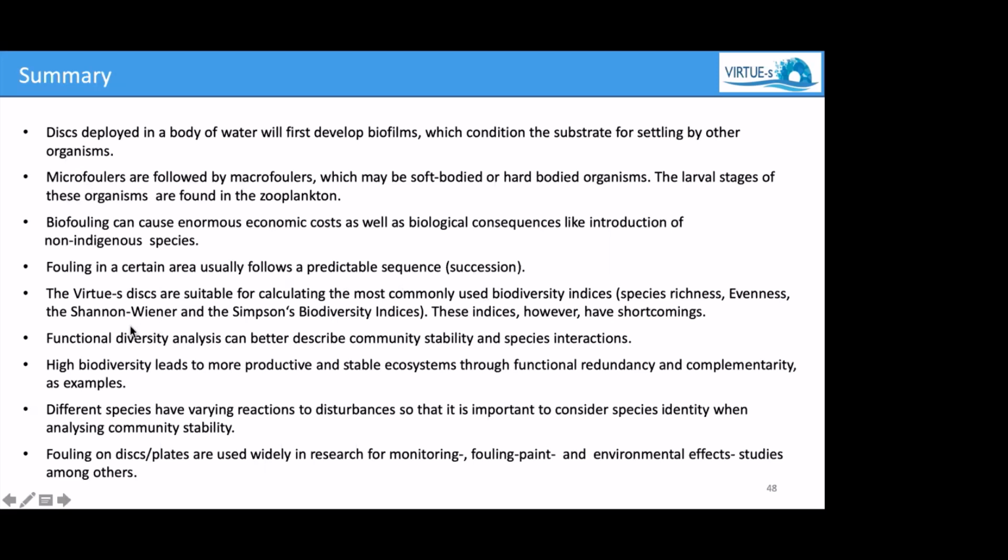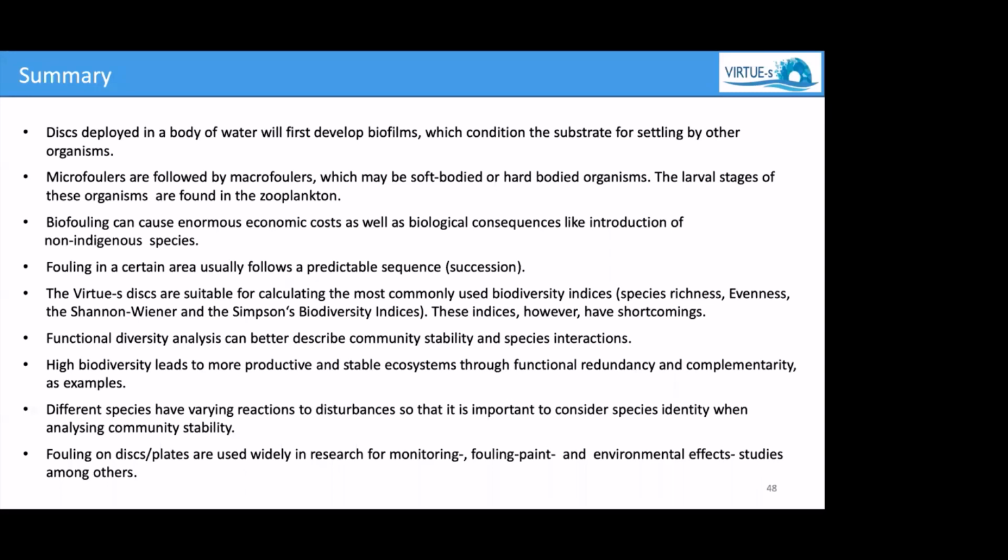And the virtual discs we have here in this project are very good and suitable for calculating the most commonly used biodiversity indices like species richness, evenness, the Shannon-Wiener and the Simpson's biodiversity indices.